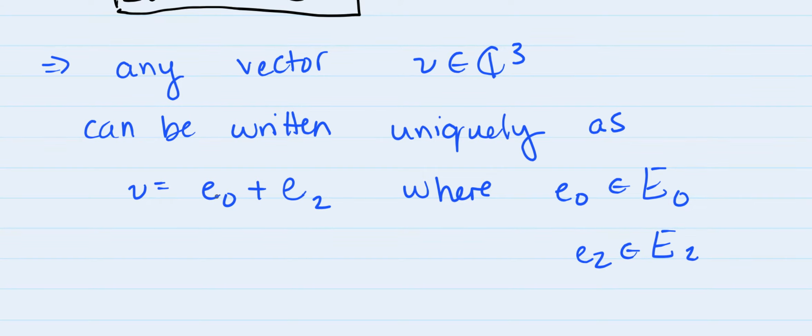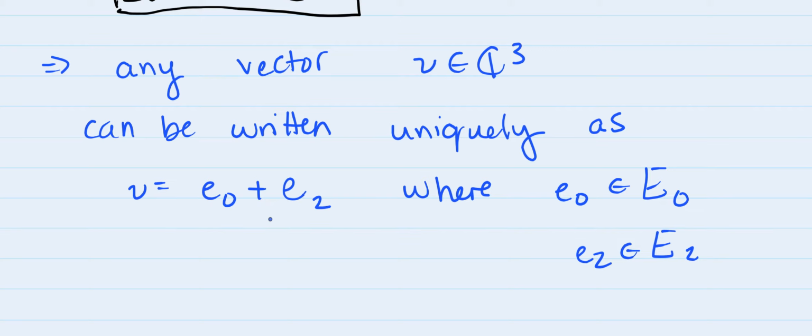If you want to label them something different, I just wanted to be able to see that these belong to these particular eigenspaces, but you could call them R and S, where R is a vector in E0 and S is a vector in E2. I want to show you how to actually get these vectors.